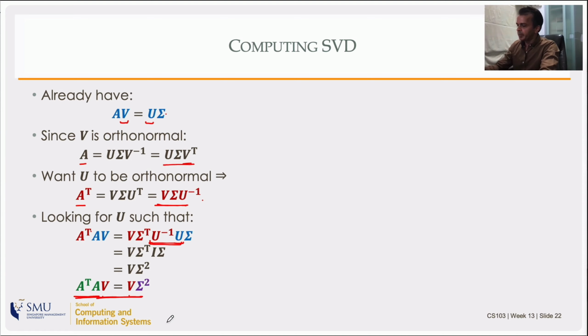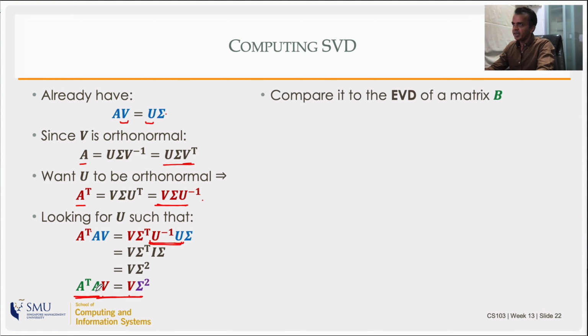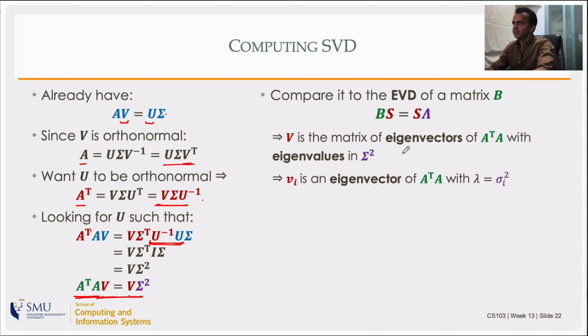If you look at that equation, what's that telling you? In order to see that equation better, let's call A transpose A by a new letter B. So if you have the eigenvalue decomposition of B, then you have B times some matrix, the eigenvector matrix, is equal to the eigenvector matrix times the eigenvalues of B. So compare this with this.